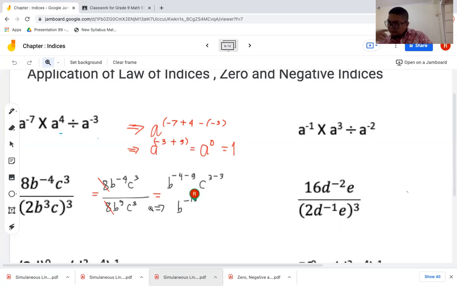And then afterwards, this is going to give us c raised to 0. So now in this situation, what you're going to get this time is the answer 1 over b raised to 13. Okay, I hope you guys fully understand that.